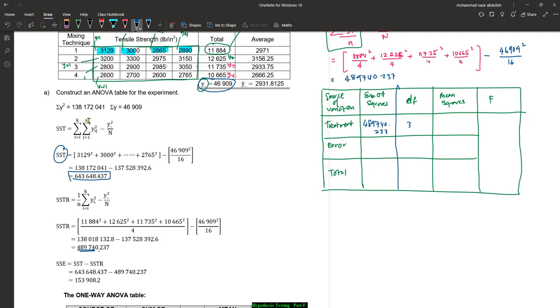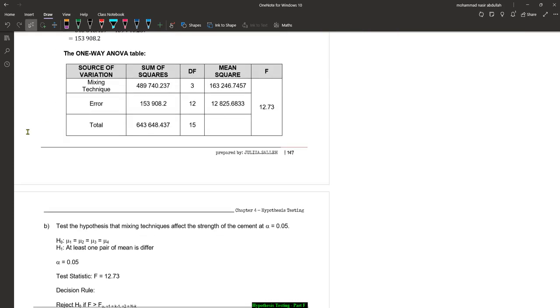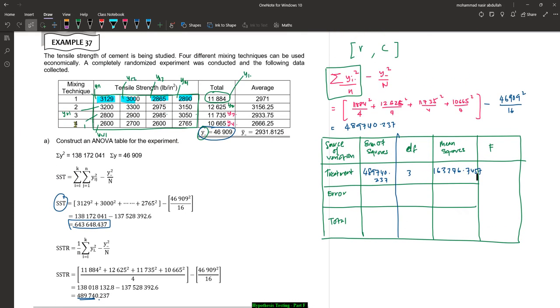So 489,740.237 divided by 3 should be equal to 163,246.7457. So, okay. Right. So this is how we calculate the first row for one-way Anova.